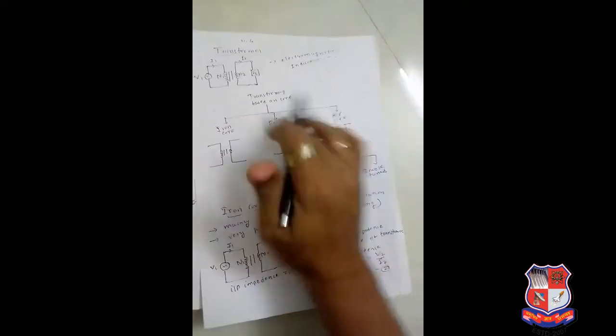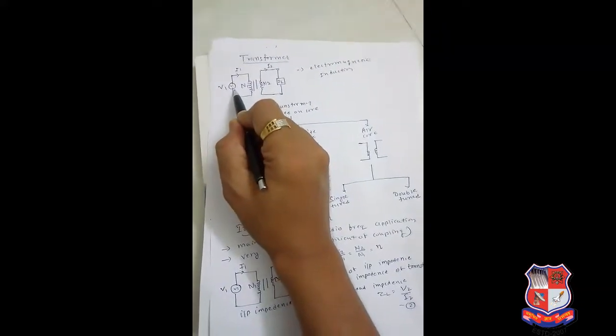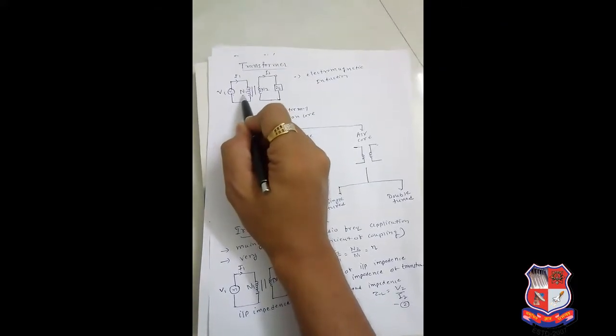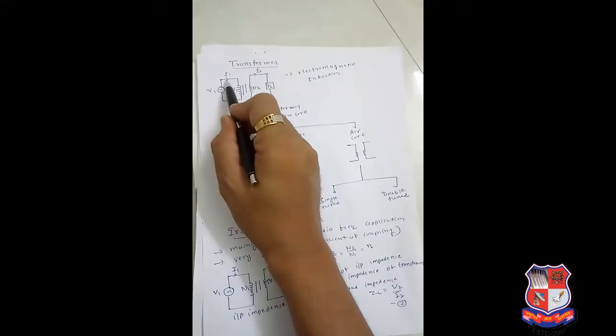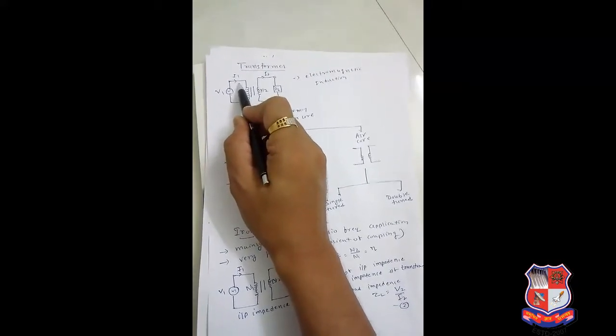That means, suppose you are connecting the voltage source at the primary winding of the transformer, current starts flowing in the primary winding.